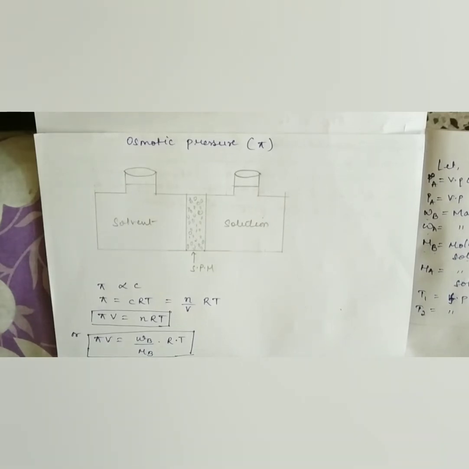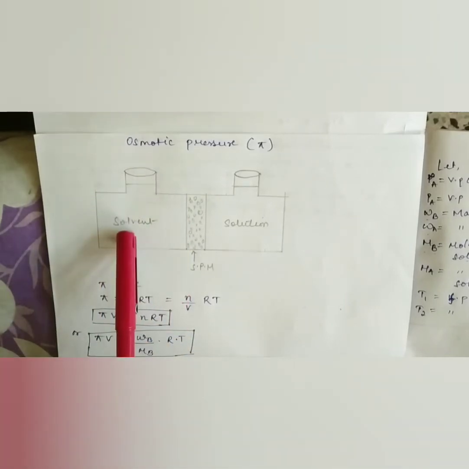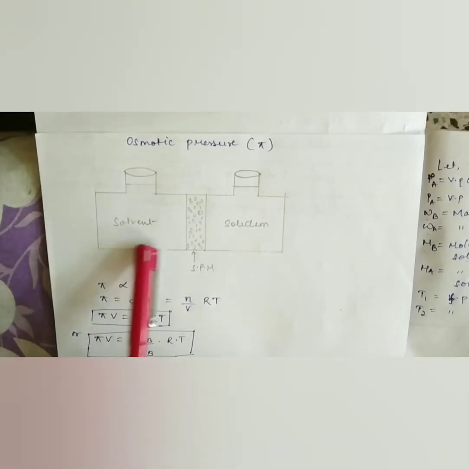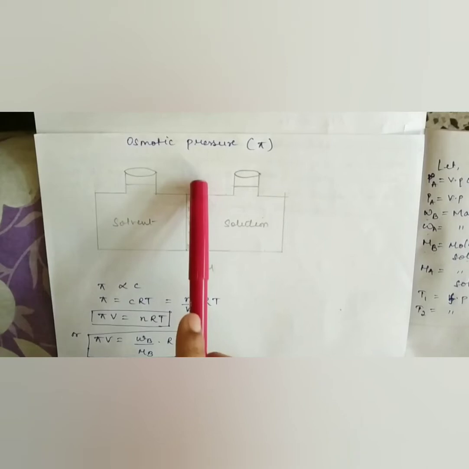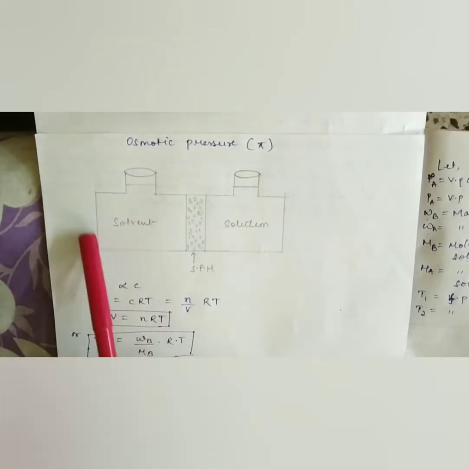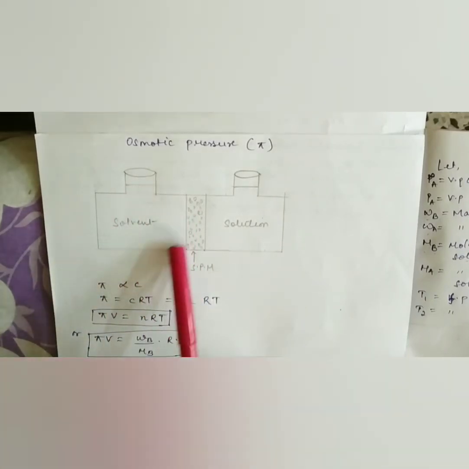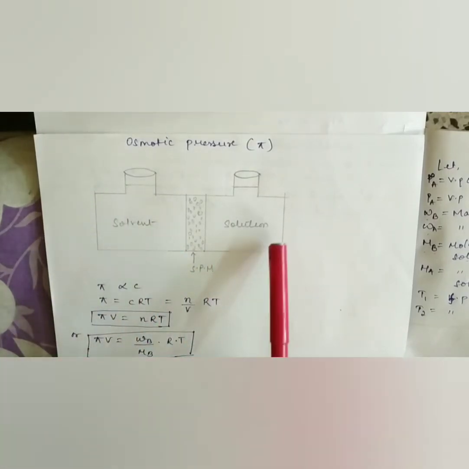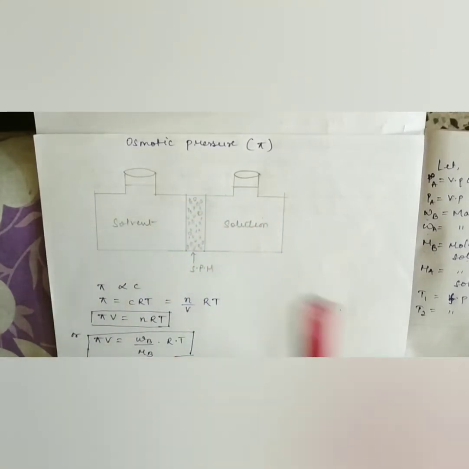So that means, see here I have taken a setup. On this side I have taken solvent, and on this side I have taken the solution, and they are separated by a semi-permeable membrane. The concentration of the solvent molecules on the pure solvent side is definitely greater, and the concentration of the solvent molecules on the solution side is less.